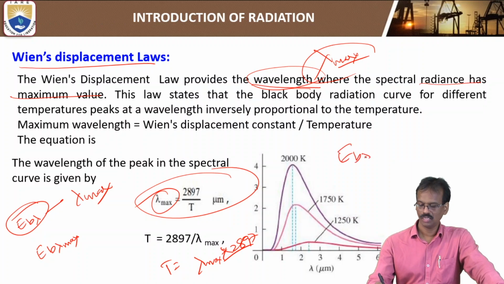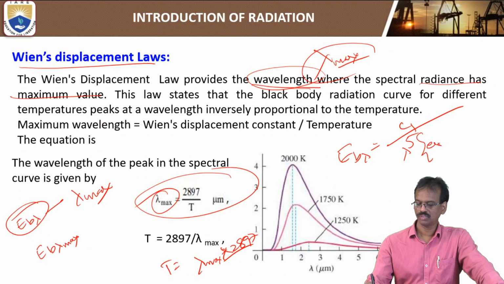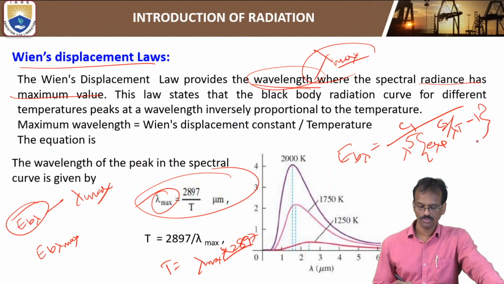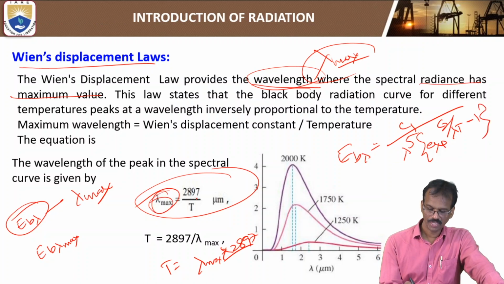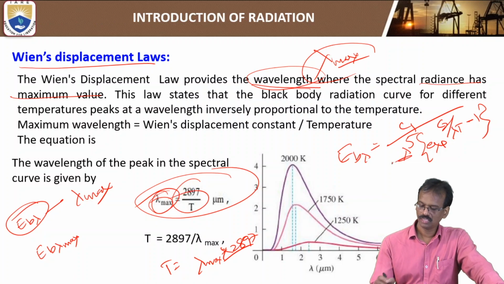EB lambda is equal to C1 by lambda to the power of 5 into exponential of C2 by lambda T minus 1. If you substitute this lambda max value in place of lambda, we will get EB lambda max.